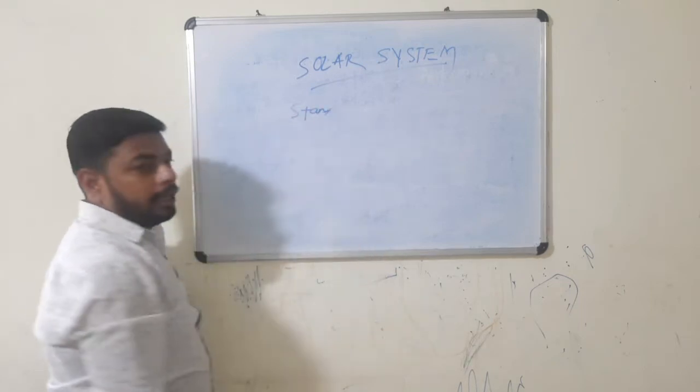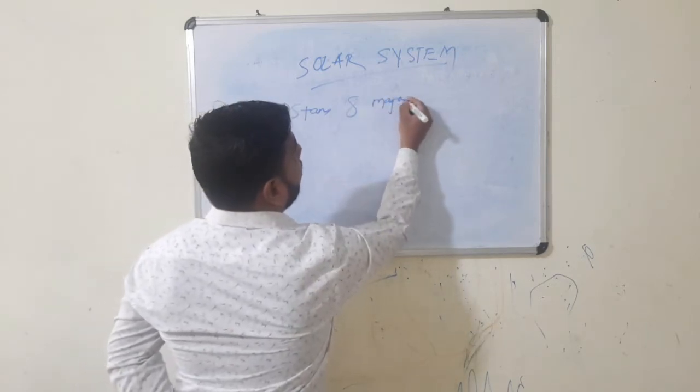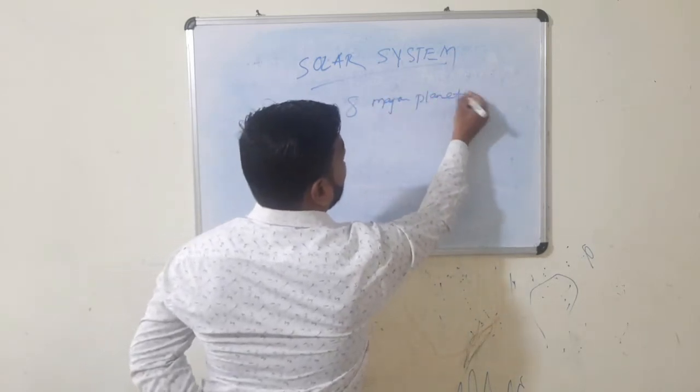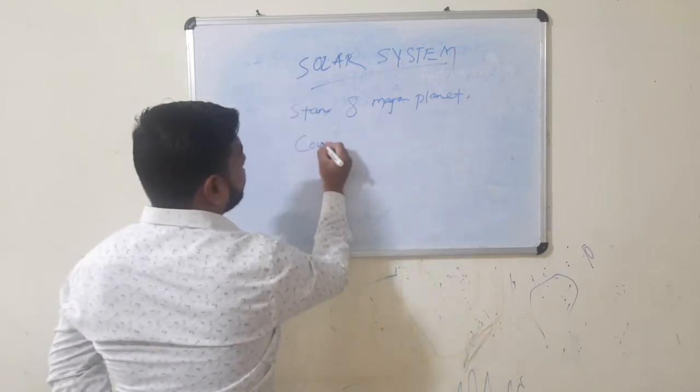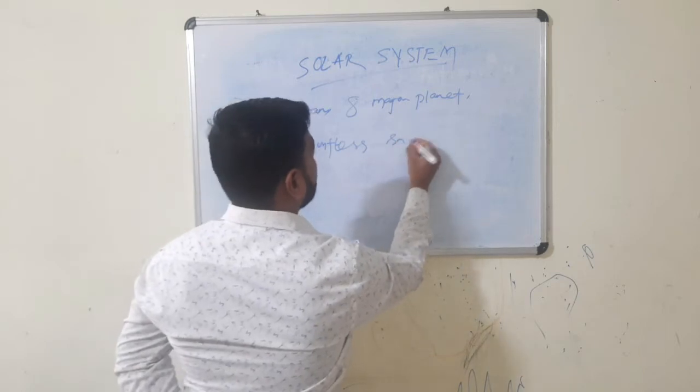It includes a star, eight major planets, and countless smaller bodies.